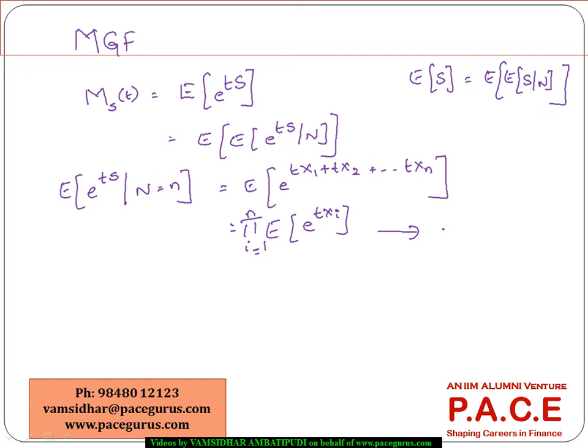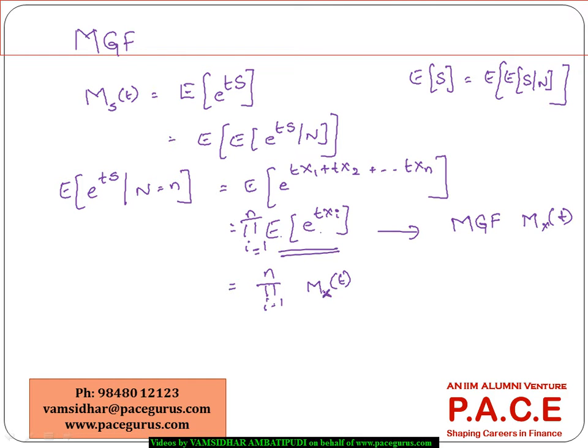Because the Xi's are identically distributed, the moment generating function for them should be the same. So MX of t should be the same, which means this entire thing can get boiled down to the moment generating function of t for each Xi. But of course, because they are identical, the moment generating function will be the same.